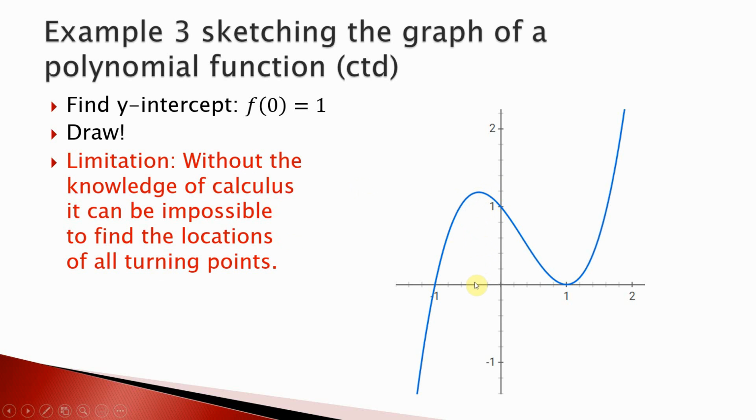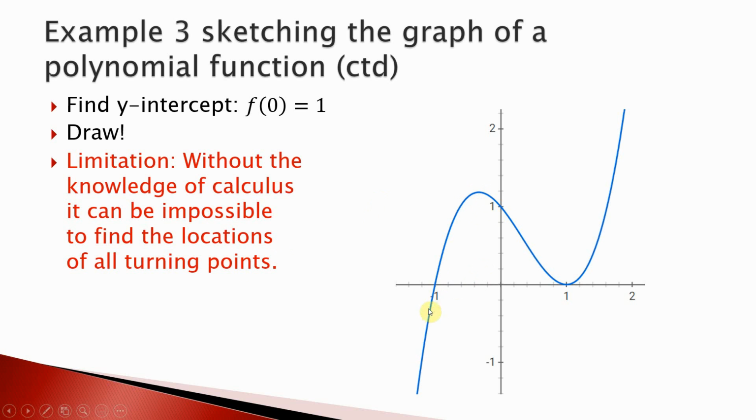So we cannot find the x coordinate as well as the y coordinate of this maxima. So that's actually a limitation of the things that we study in this course. If you study calculus later onwards, you will learn how to find the exact coordinates of this point. So without calculus you cannot determine where this will occur.